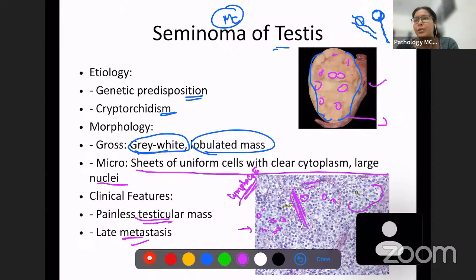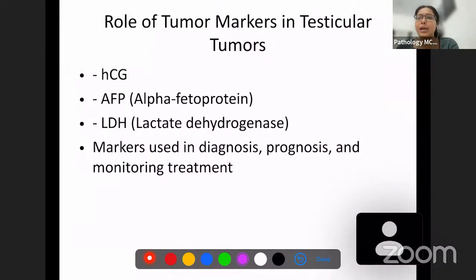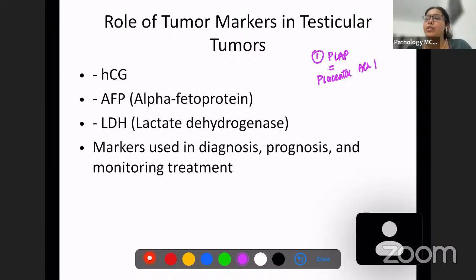Okay, so we had discussed seminoma, which was a short answer question. And then we're going to discuss the role of tumor markers in testicular tumors. So I'm going to quickly summarize a few tumor markers which can commonly be asked. So first is PLAP. PLAP is nothing but placental alkaline phosphatase.